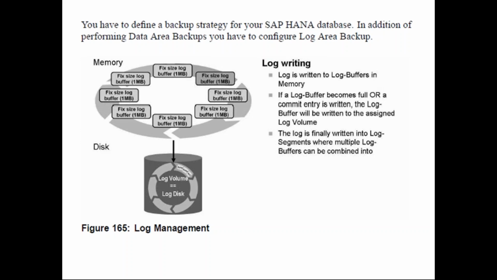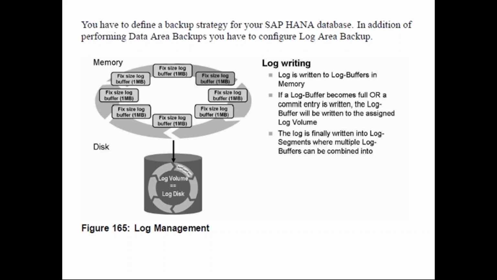When the end user performs a commit, the data must be written into the disk, and only then will you get a message saying the transaction completed. So first data is written into this buffer. Maybe of 1 MB only 500 KB or 600 KB is full.